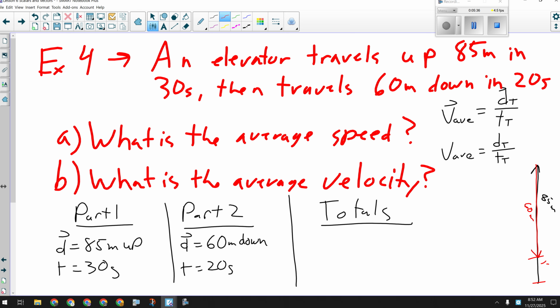That's 15 meters that's left. We're 15 meters above our initial position, so our total displacement is 15 meters up. All right, what's our total distance?